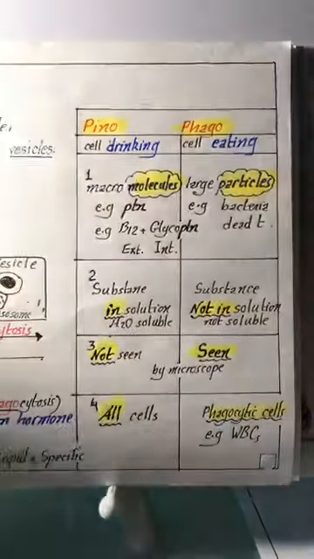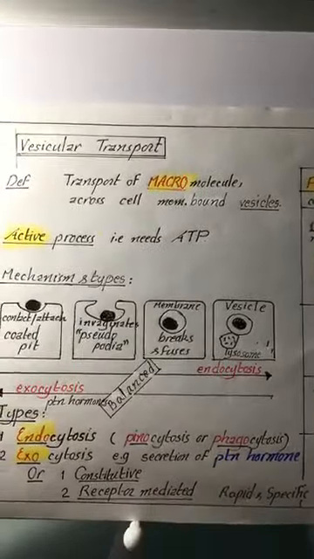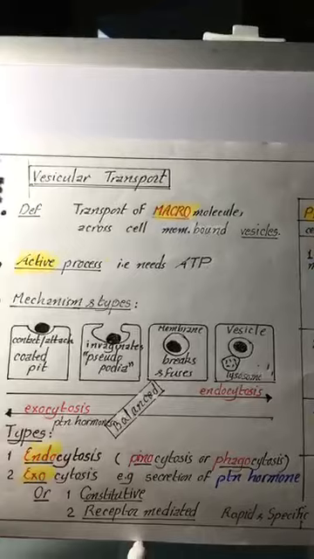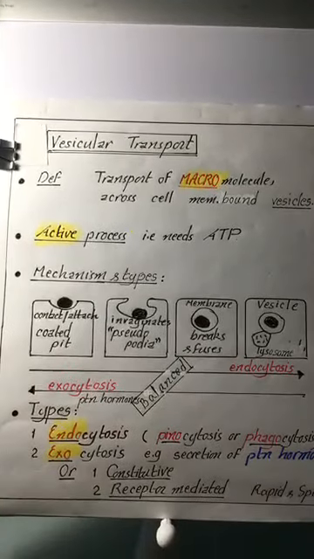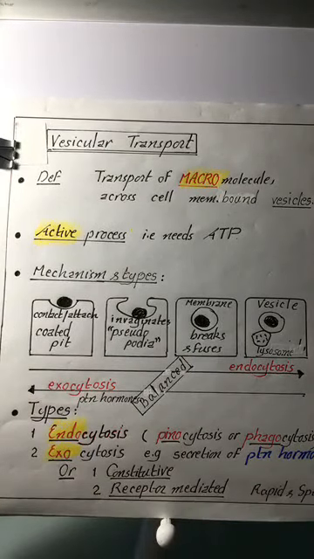We come to the last page. The third type of transport is the vesicular transport. We talk about the vesicular transport in 3 points. I want to be very organized.